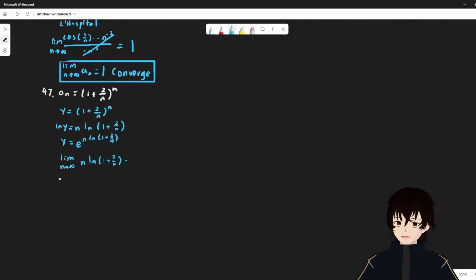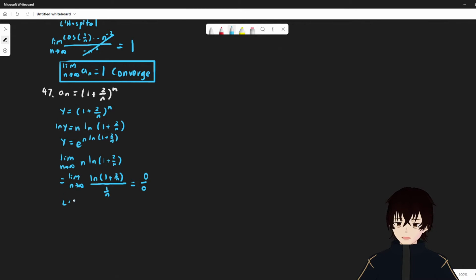And we can rewrite this as the limit as n approaches infinity of natural log of 1 plus 2 over n over 1 over n, which is equal to 0 over 0.